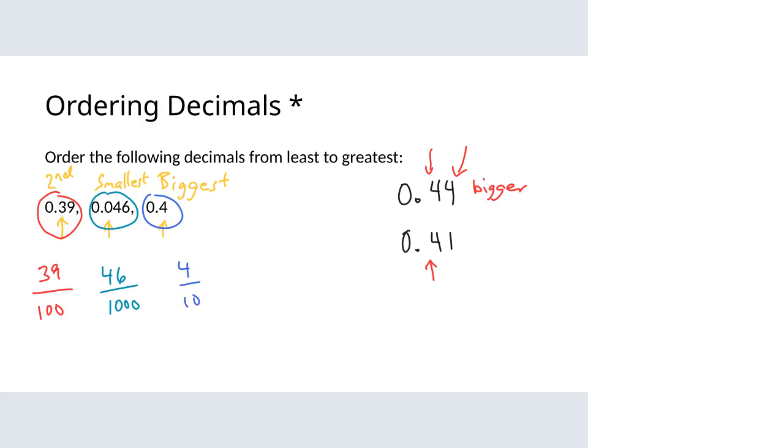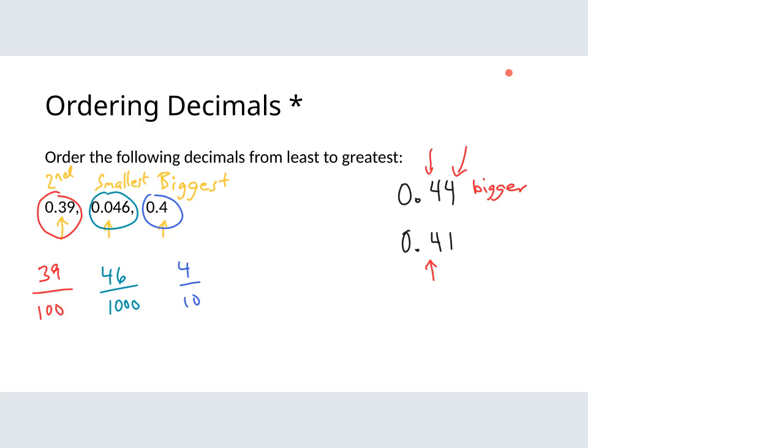Now, those don't have a common denominator, so we can't necessarily compare those fractions right away, but it's really easy to get a common denominator for these. If we look at the one on the left, well, 1,000 would be the common denominator we'd want to use. Let's get them all to go to 1,000.